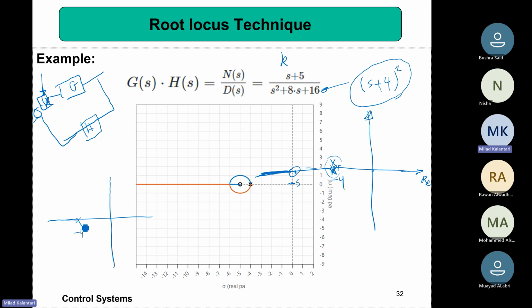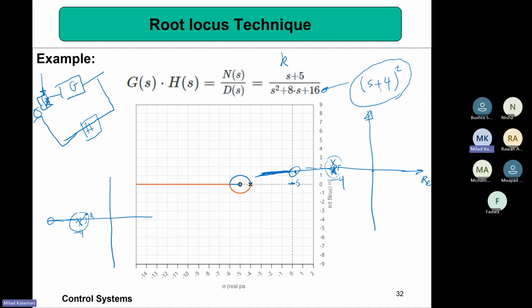You have -4, 2 poles here, and 1 zero here. So we don't know where the pole is starting to go out. We just assume that somewhere on this small circle around it is going out. And then we don't know what is the phi or the theta of the outgoing path. We just assume it as an unknown variable, right? And then we try to calculate the overall phase for this point that we are assuming the poles are supposed to go out.